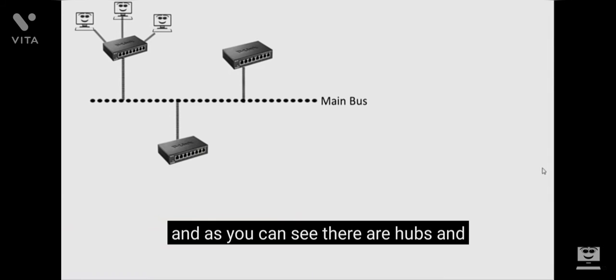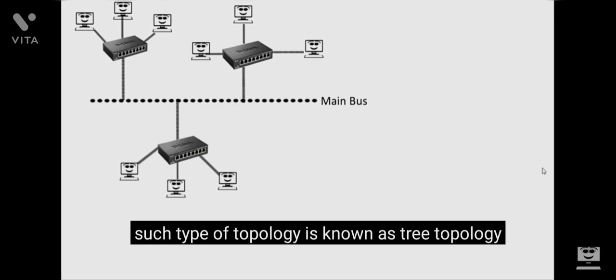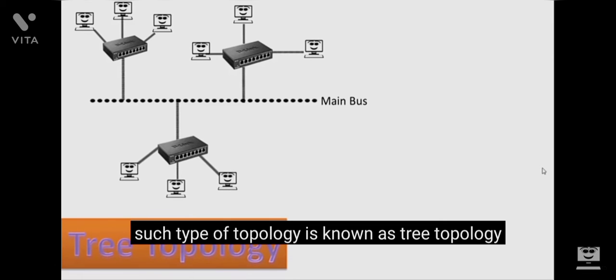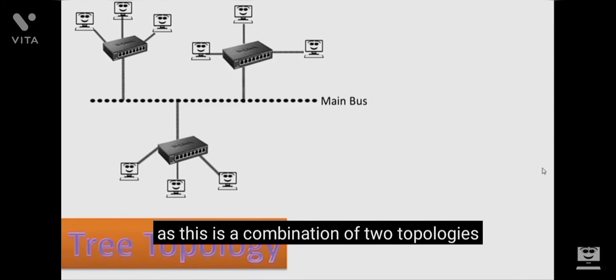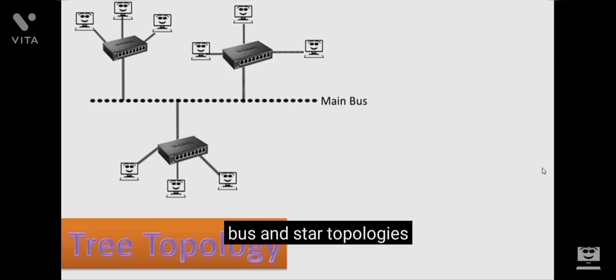Now moving on to the next topology, it's a main bus, and as you can see there are hubs, and to those hubs there are computers connected in a star formation. Such type of topology is known as tree topology, as this is a combination of 2 topologies, bus and star topology.